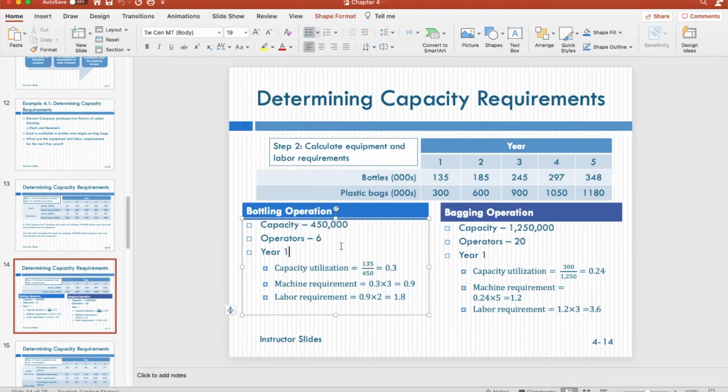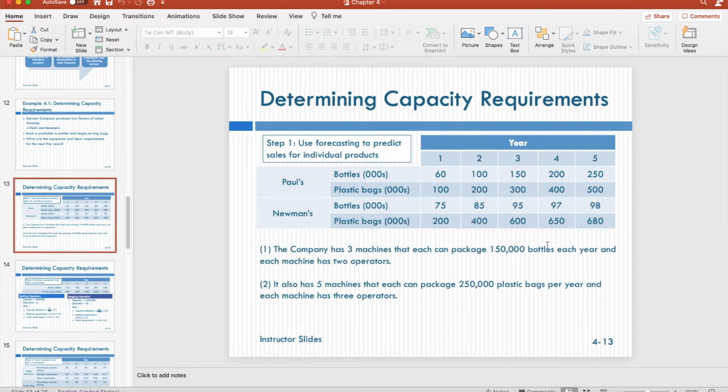All right. So the second question, operators. Very simple. Since we know that for each bottle machine right now we have 2 operators, then in total, how many operators, or laborers, can monitor the bottle production? You have 3 machines, and each machine has 2 operators.